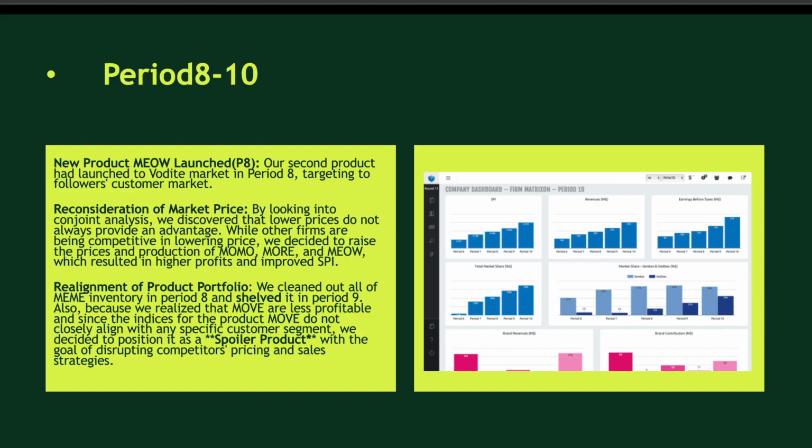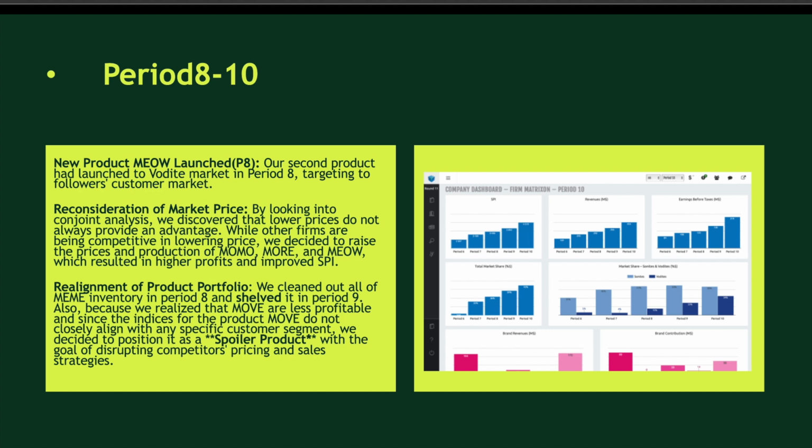In the final periods 8 to 10, we launched a new product, Melt, in period 8, which is our second product in the Wildite market, targeting the Followers customer segment.